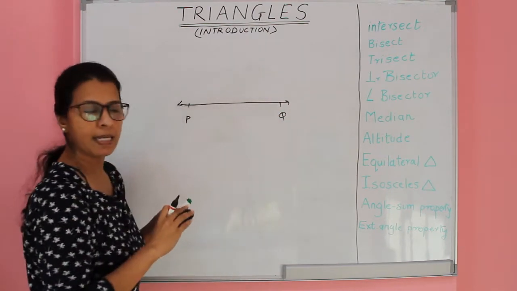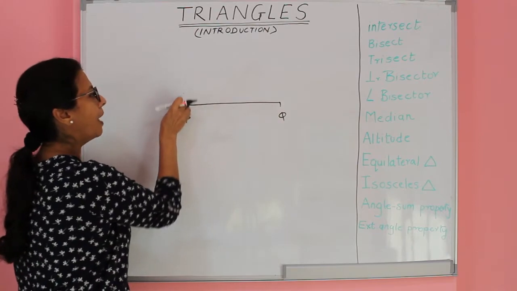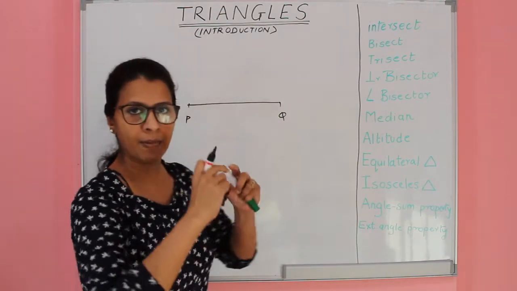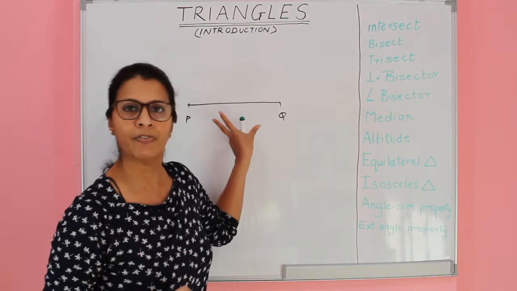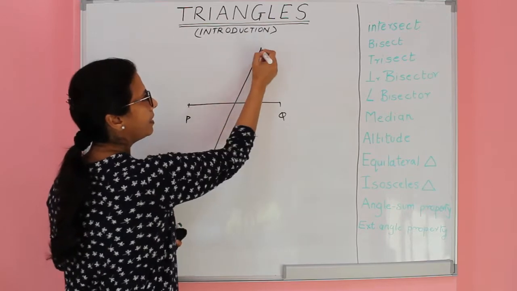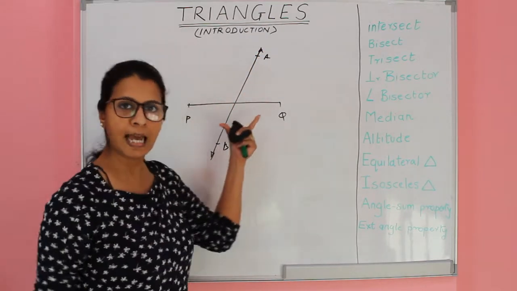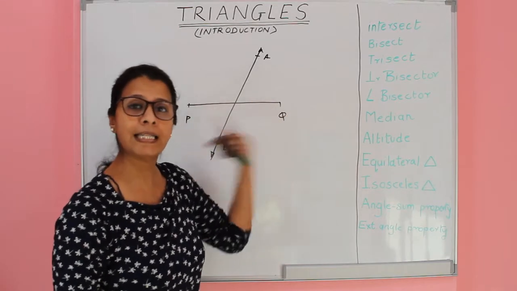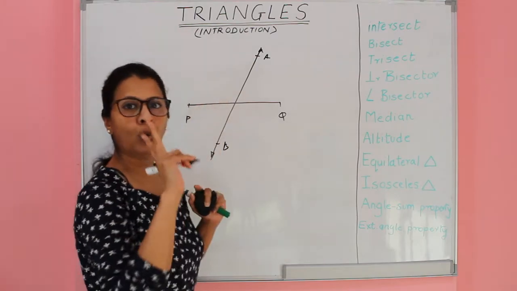A line can never be bisected, so it has to be a segment, because that only will have equal parts. A line is actually continuing, a line segment has specific length. So I will say this line AB is bisecting line segment PQ. Bisecting means it is cutting this PQ into two equal halves.